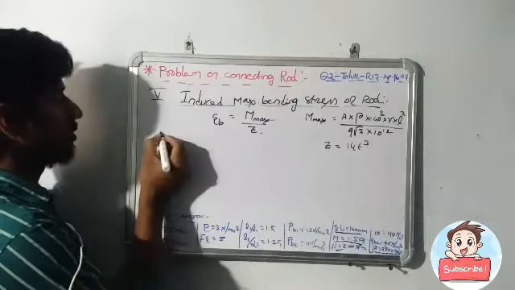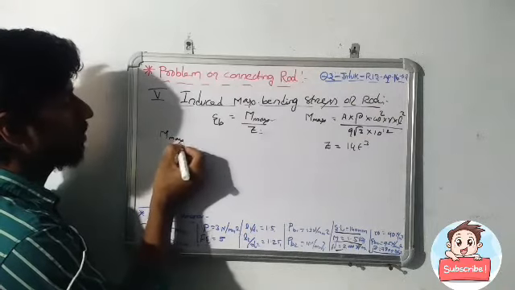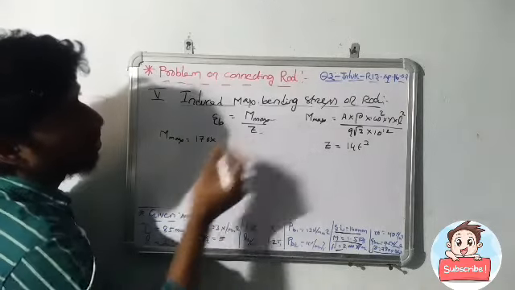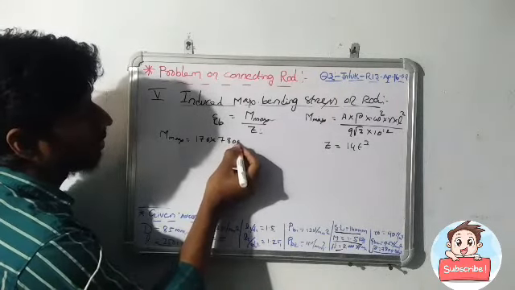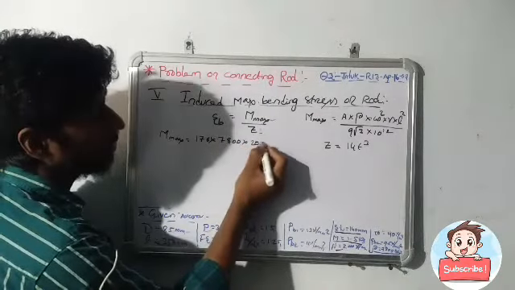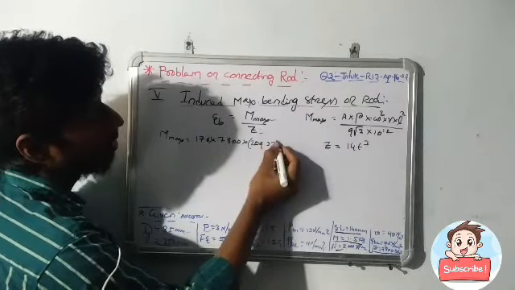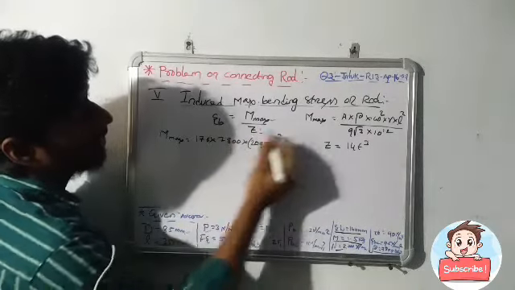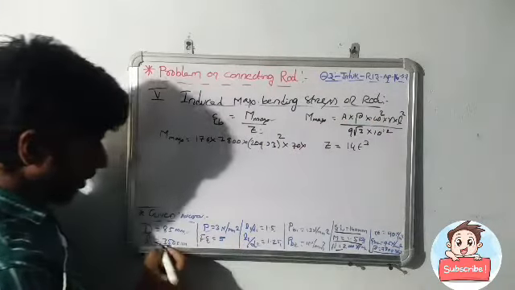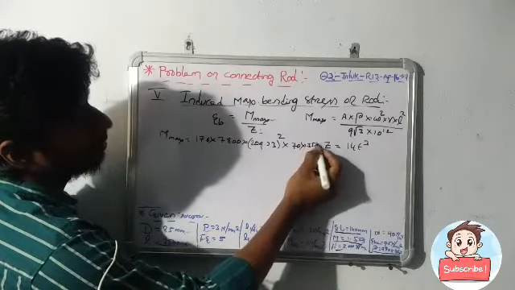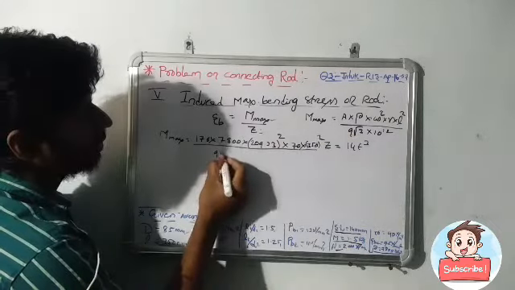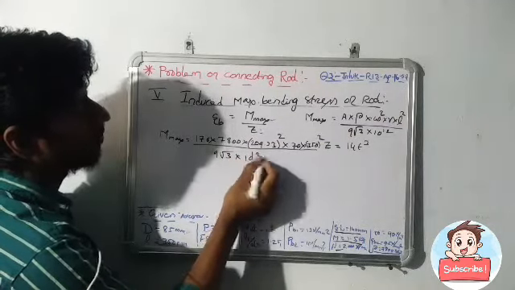By substituting these values, we get the M maximum as well as the section modulus of the connecting rod. Here M maximum is equal to, we know the area, 176, into density of the material 7800, into the angular velocity we already found, 209.33 whole square, and the radius of the crank here, 70, and length of the connecting rod, 350 whole square, whole divided by 9 root 3 into 10 to the power of 12.